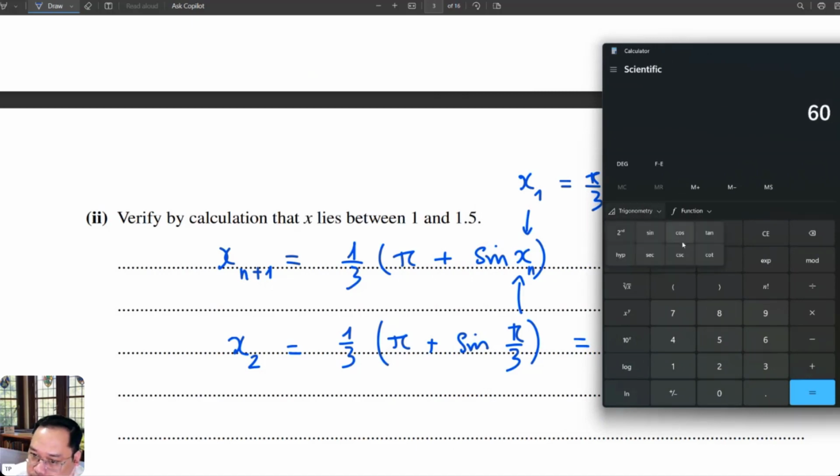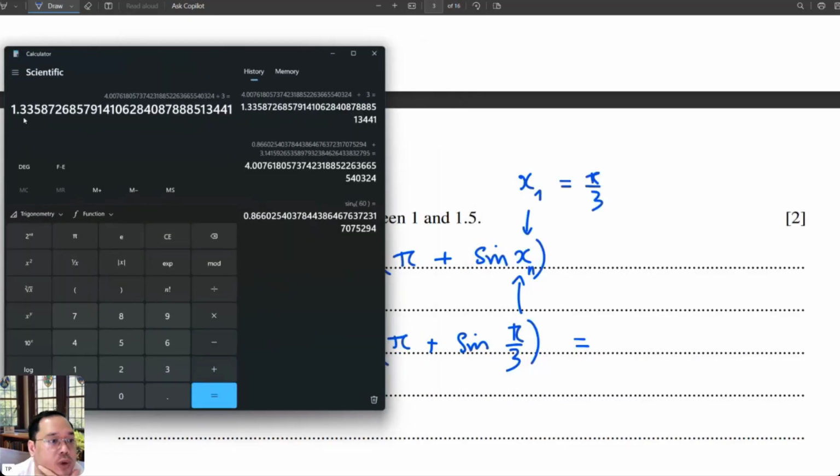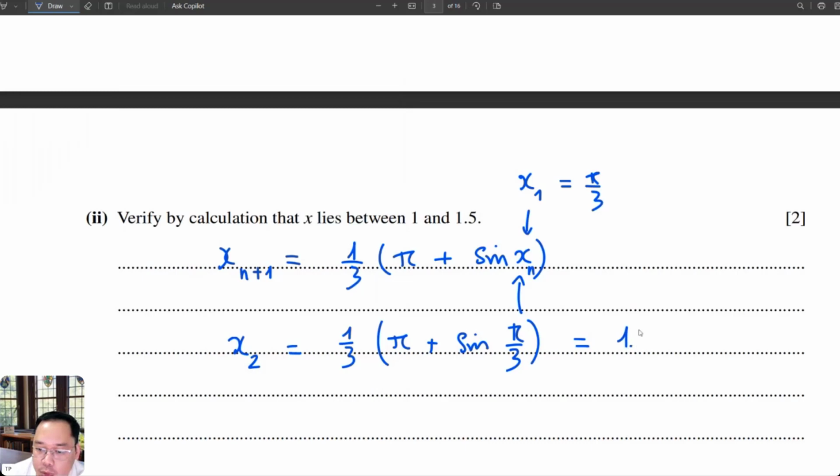Then we add it with pi, and then multiply by 1/3, and we get the first value, x2, 1.3358, rounded to three decimal places, 1.336. That's the first value.